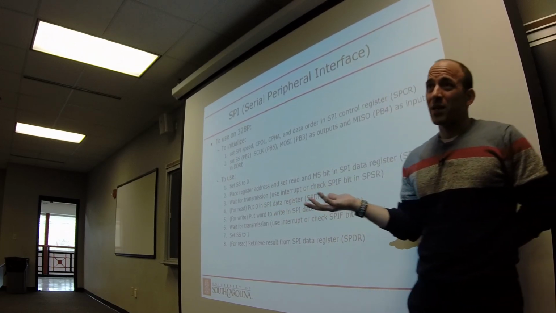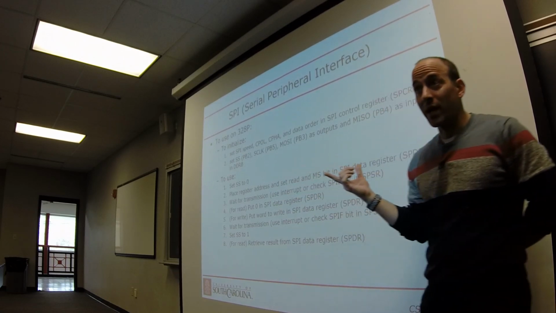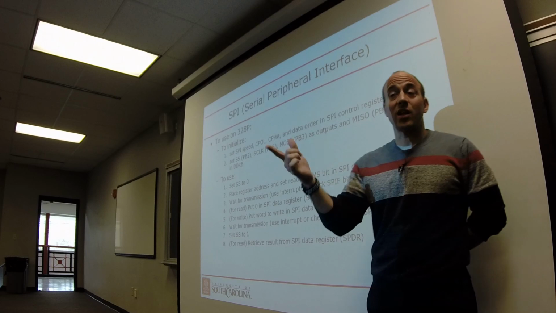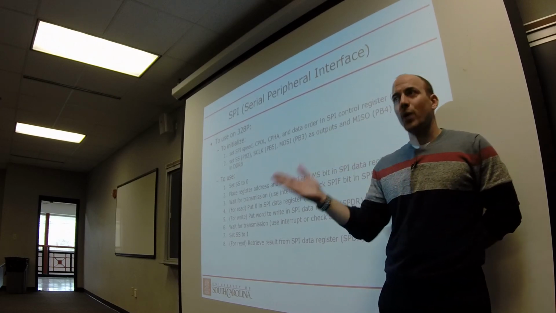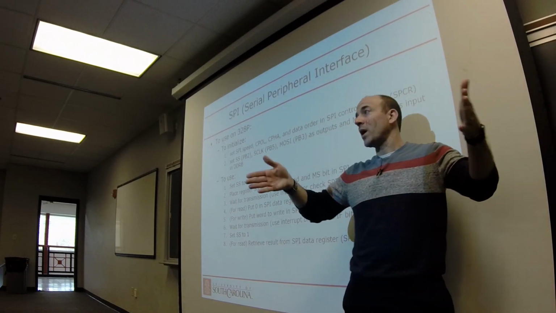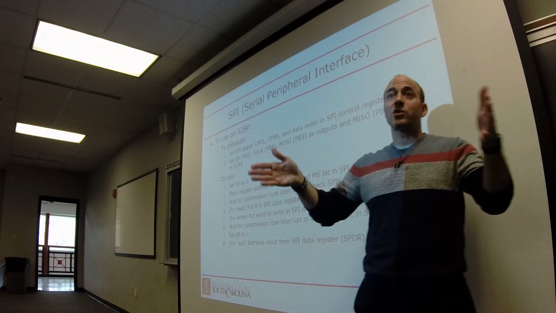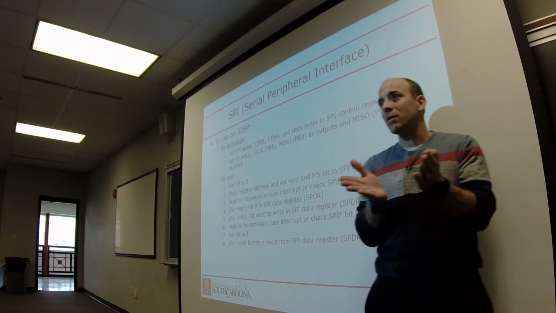So in this case, I think it would probably be reasonable to poll, right? Now, in the case of the accelerometer having data ready, that's happening at a much slower rate. A lot more time passes waiting for data to be ready on the accelerometer than waiting for a single byte to be transacted over the SPI bus, right?